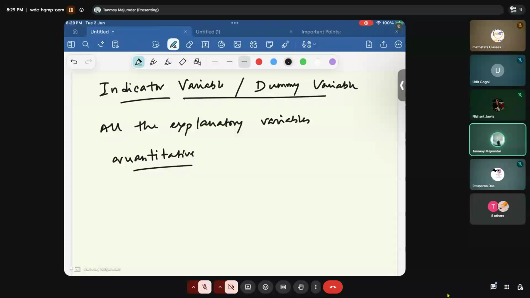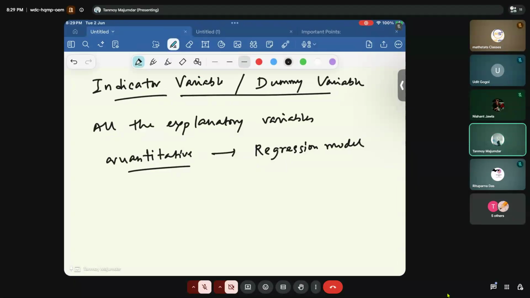If x1, x2, ..., xn, all the xi's are quantitative variables, so in that case we can easily use the regression model, right? Okay, and suppose all the variables are qualitative.